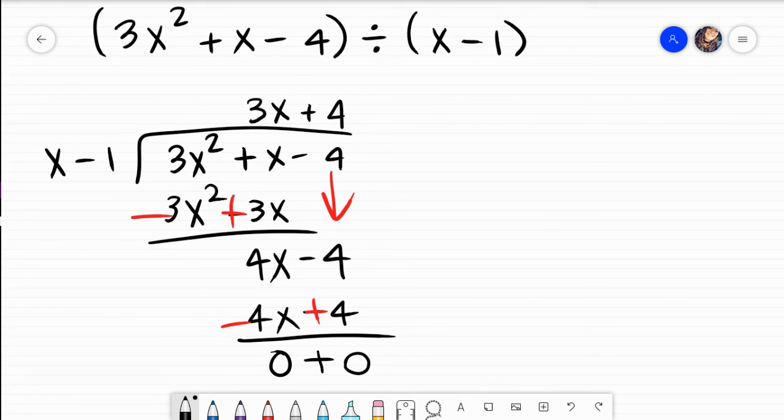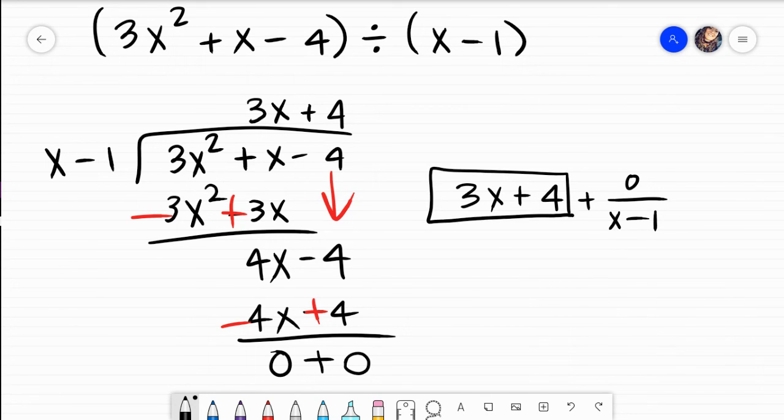So what you would get for the answer here, I think they have it in the form of just 3x plus 4. It is not incorrect to write it like this, but you'll notice in the homework they may change the form of their answer. It could be because they don't want you to write the remainder over the divisor. It could be that they specifically ask for just the quotient. This would be your quotient.